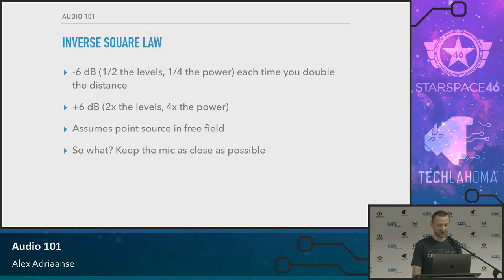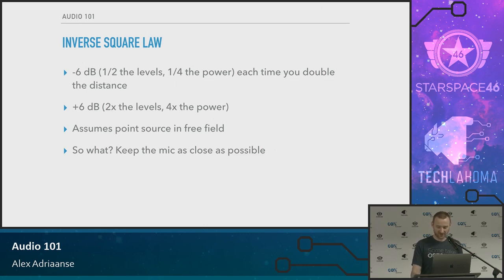And likewise, if you cut the distance in half, your signal adds 6 decibels, at least in theory, in a free field with a point source. In practice, it may not always be exactly that, but it's a good guideline.